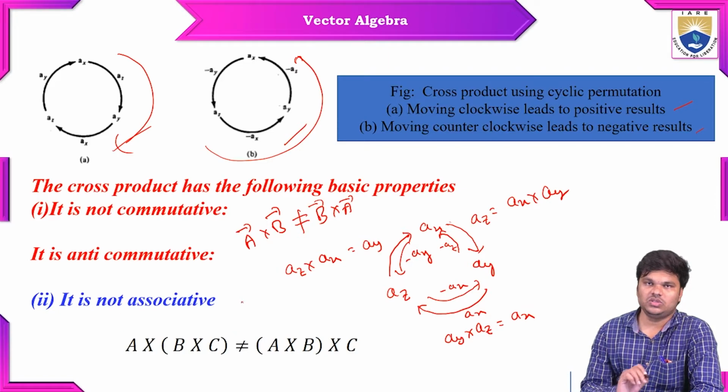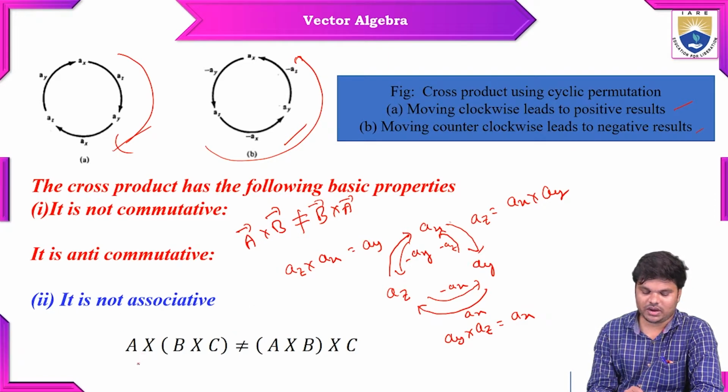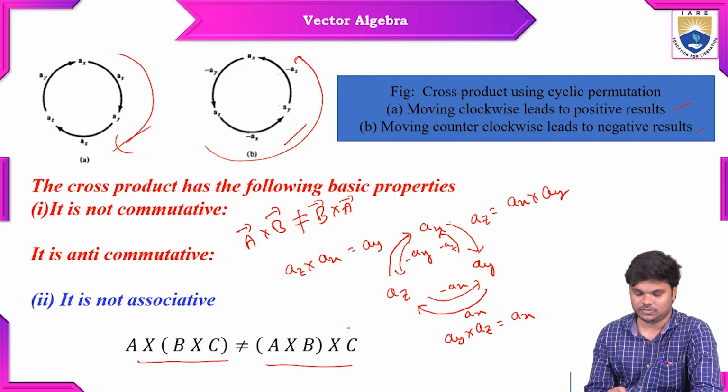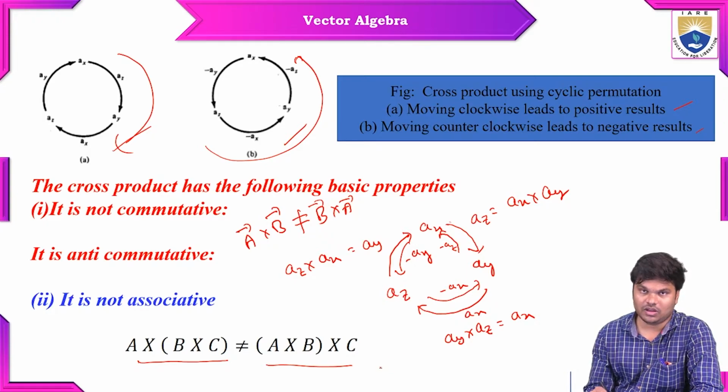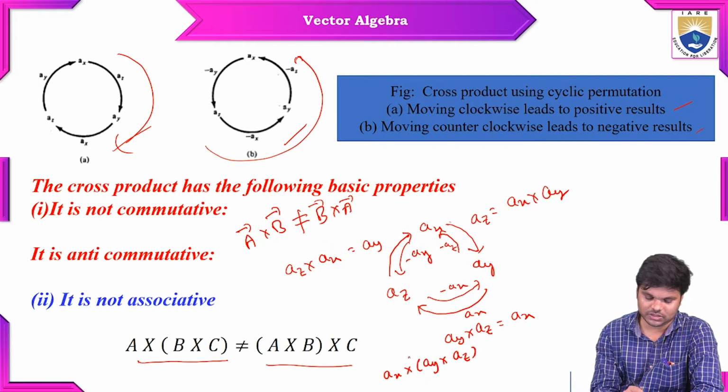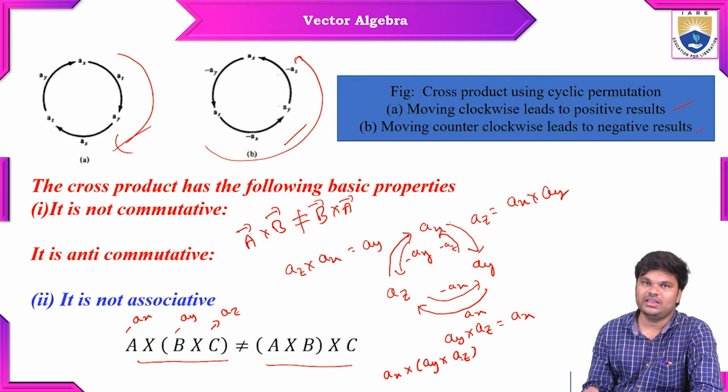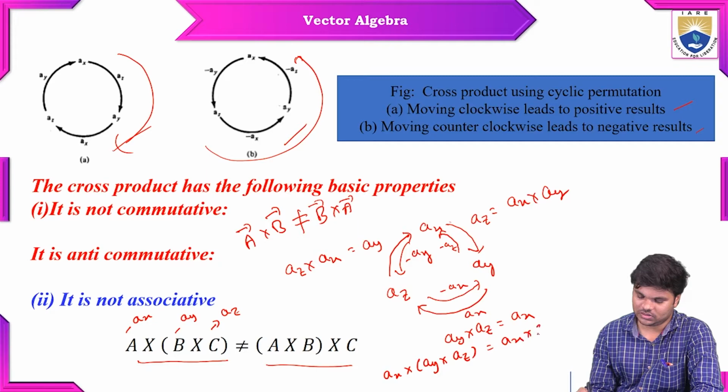And also it is not associative, because A cross of B cross C is not equal to A cross B cross C. See, it can be easily cross-checked or verified. If A is AX, B is AY, and C is AZ, this one is AX, this one is AY, and this one is AZ. So what is AY cross AZ? AY cross AZ is AX.